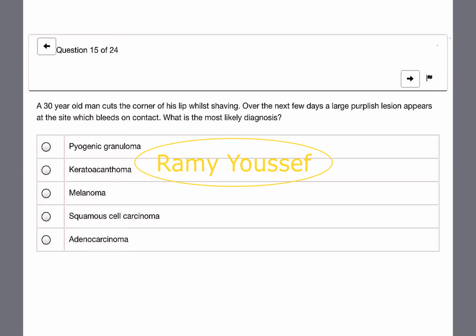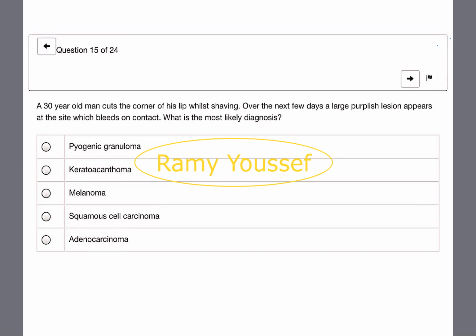Corner of his lip, trauma. I want to say squamous cell carcinoma, but with this age? A few days after he cut his lip with shaving, all of us would have squamous cell carcinoma.